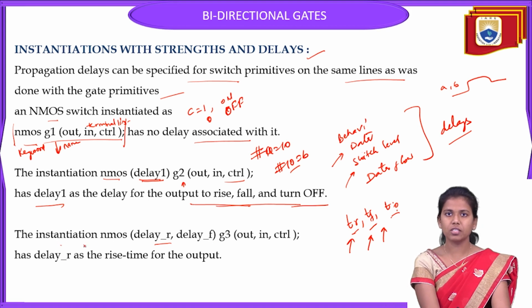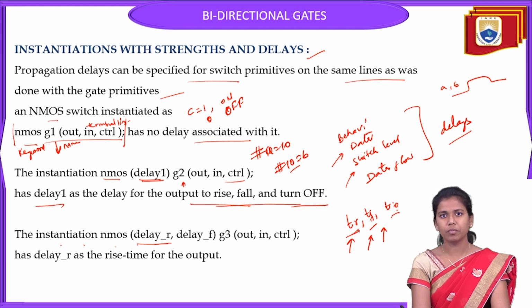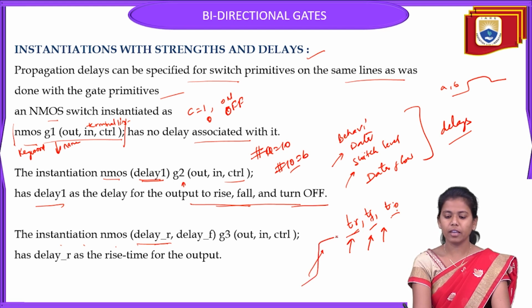So in the NMOS instantiation, say I have seen some delay with respect to the rise time. We all know what a rise time is: going from 0 to 90% is the rise time, and the fall time is from 90% back to 0%. So delay R is for the rise time, and delay F is for the fall time, followed by the gate and the terminal list. Delay R is the rise time for the output; in the output I found some delay with respect to the rise time.